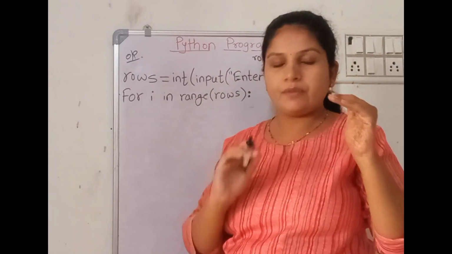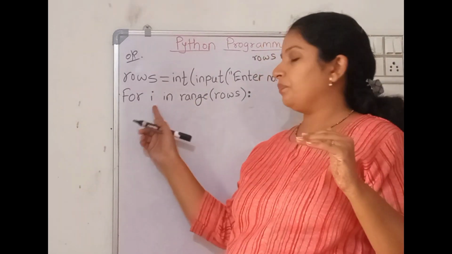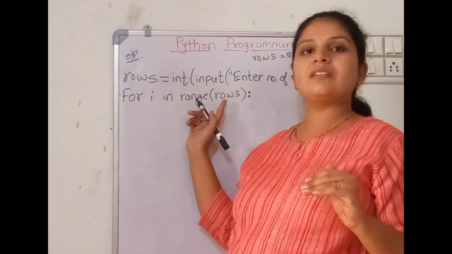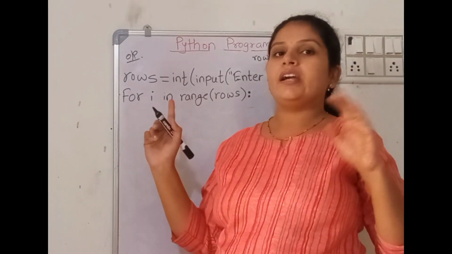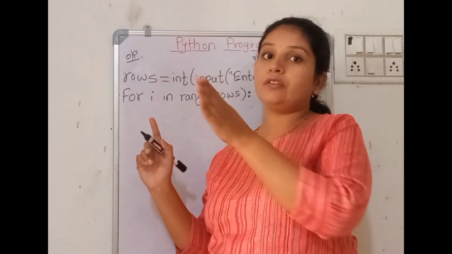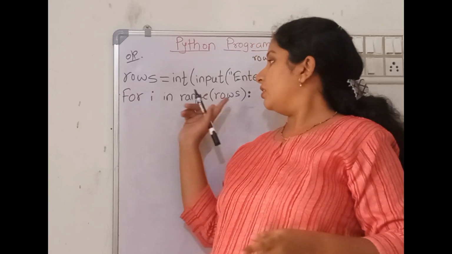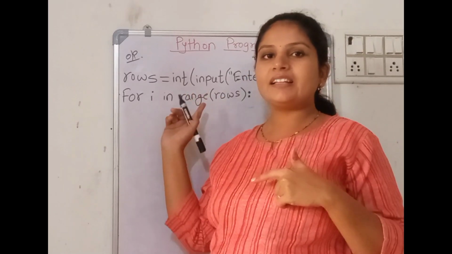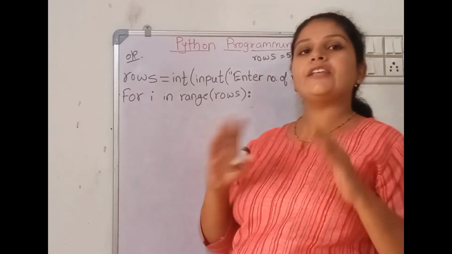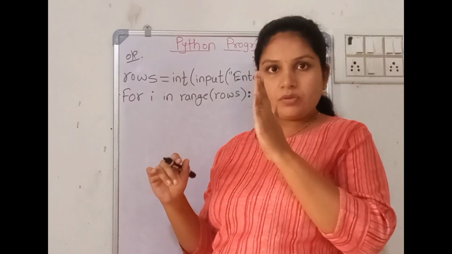So 5 times your for loop should be executed. So that's why this is the rows. And since it will automatically start with 0, it goes 0, 1, 2, 3, 4. And I am not taking the end limit, as we have discussed. This is for your rows.